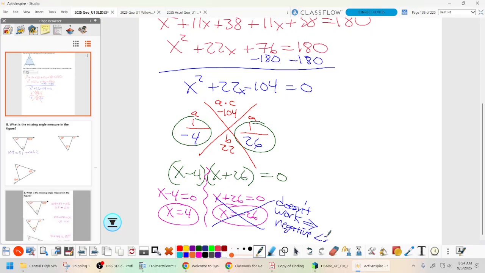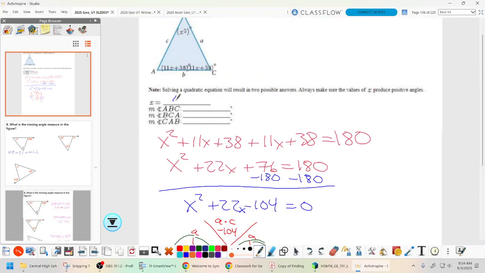So we take 4, okay, this is now x. We are going back to geometry world to solve for these 3 angles. So we know that measure of angle ABC, that first one, is what? 16. It's 4 squared. Okay, BCA. So now we're going BCA, this one over here. So that is 11 times 4 plus 38.